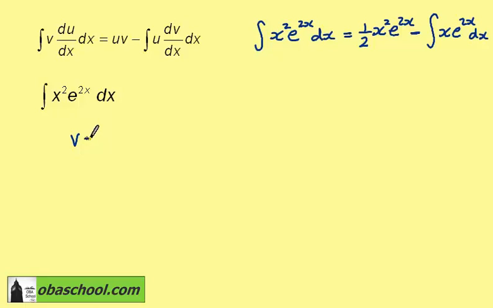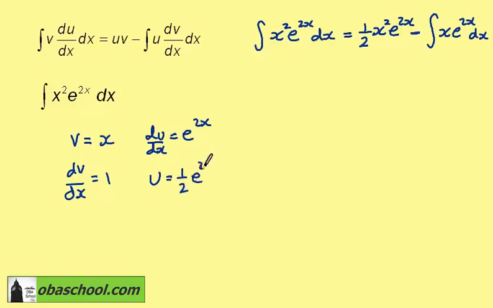So we let v be equal to x and du dx be equal to e to the 2x. dv dx then is 1, and u is a half e to the 2x, as described before.